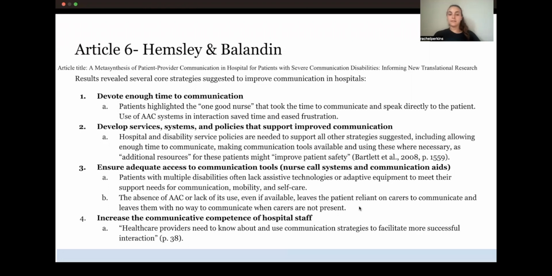In the absence of AAC, a patient is left relying on carers to communicate and has no way to communicate themselves if they're not there. And another strategy is to increase the communicative competence of the hospital. So that's our job as the SLP, to educate the staff and the parents and patient on why AAC is important and the importance of communicating.